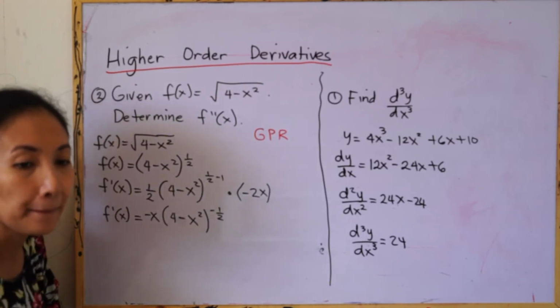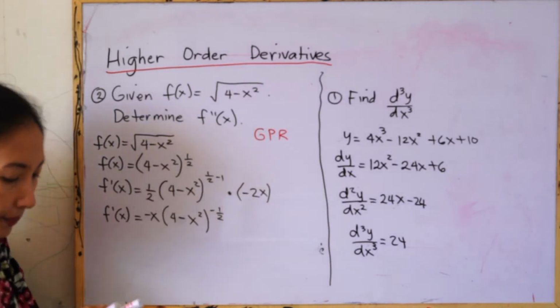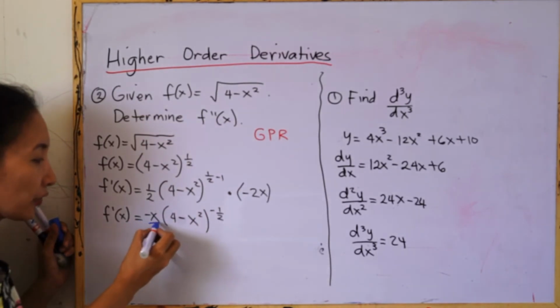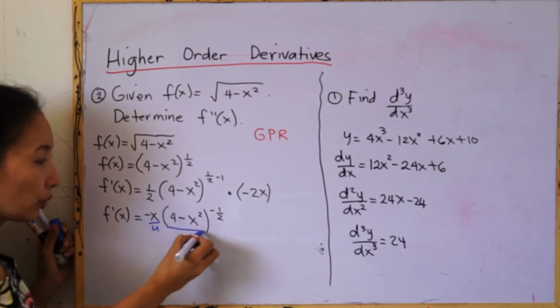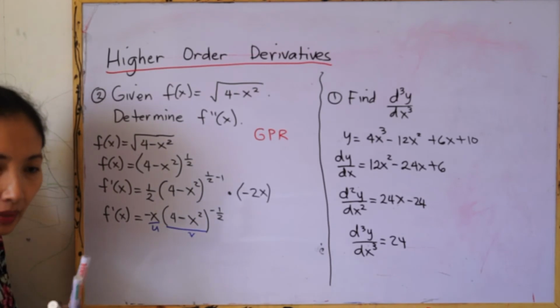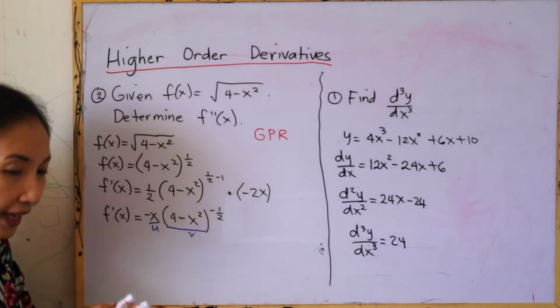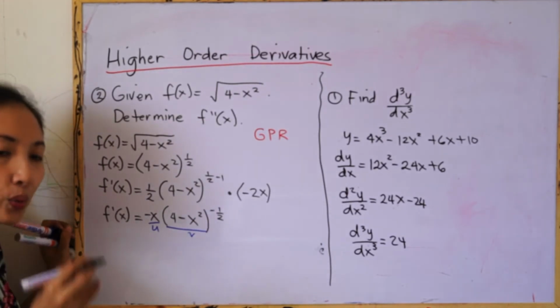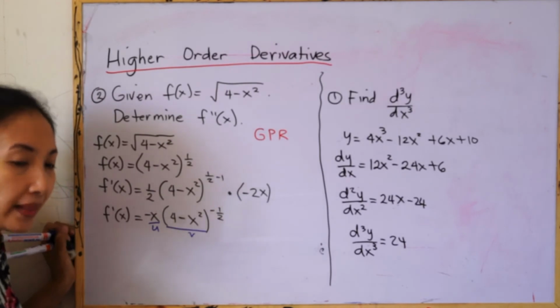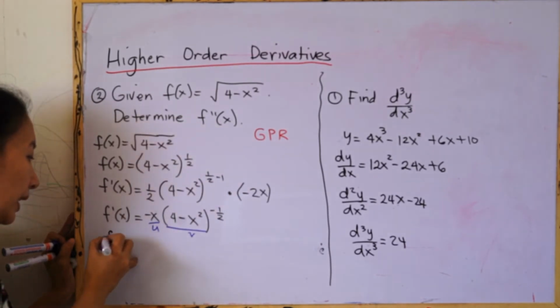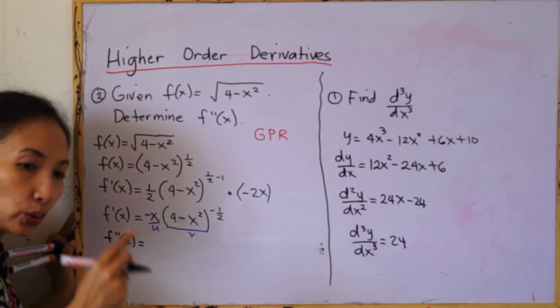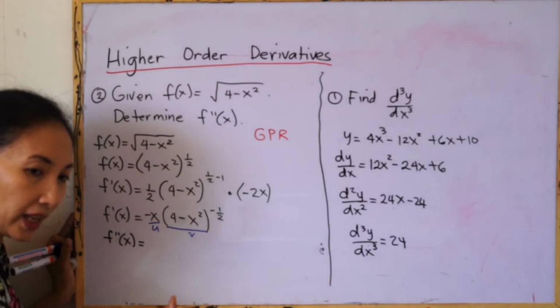It's a product, so it takes the form uv. Therefore, to get f double prime of x, we have to apply the product rule once again: f double prime of x equals u dv plus v du.